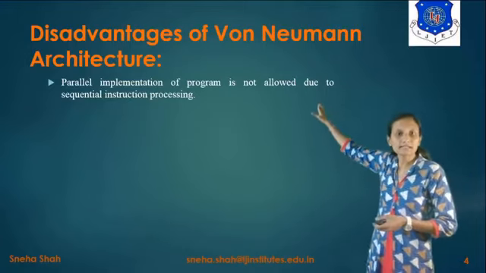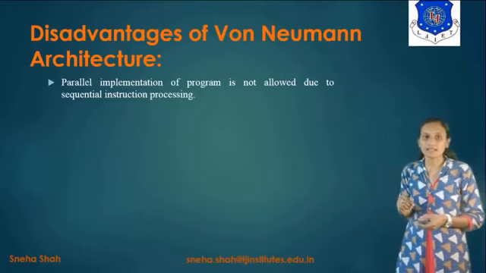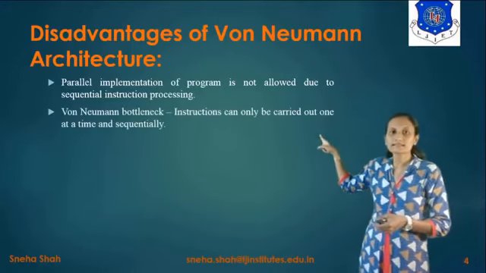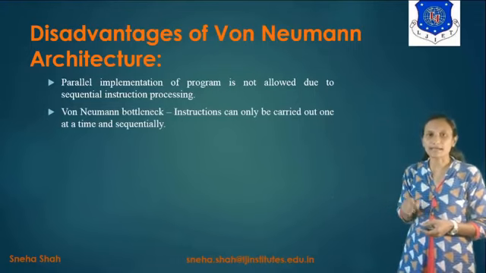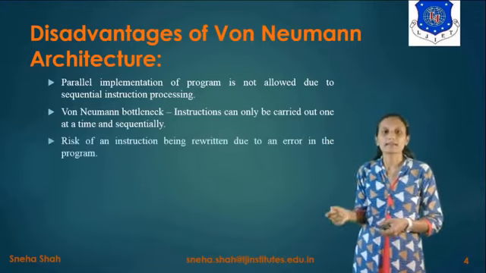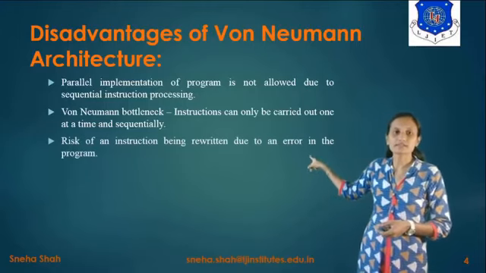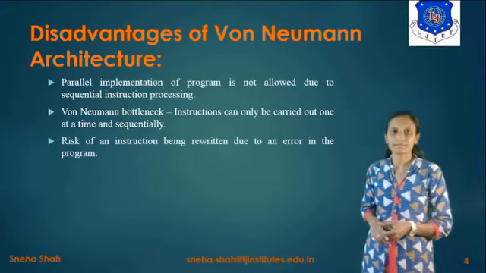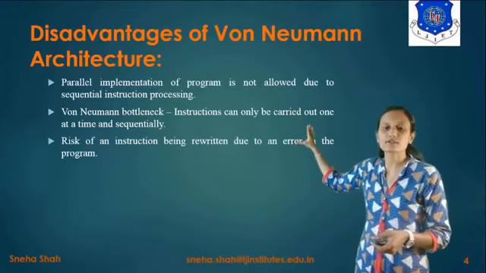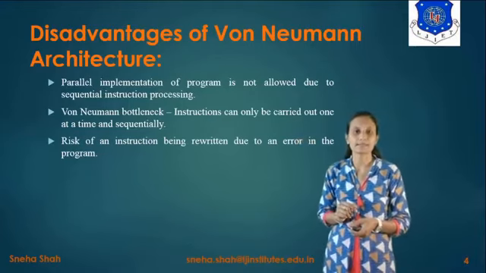So parallel implementation of the program cannot be allowed. Then the next disadvantage is that Von Neumann architecture has the bottleneck problem, as I explained. And the third one is the risk of instructions being rewritten due to an error in the program. So these are the disadvantages of the Von Neumann architecture.